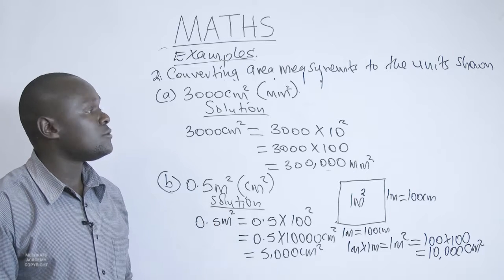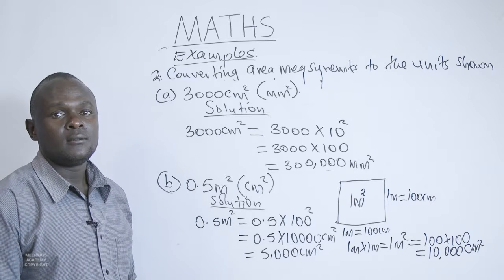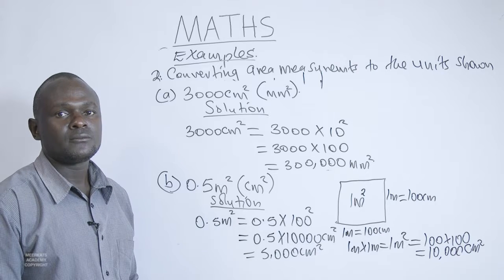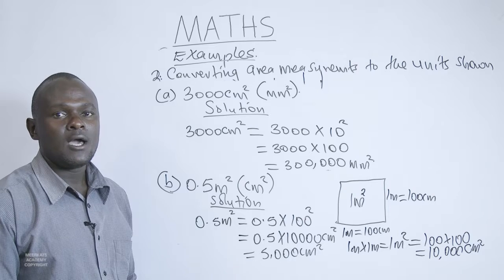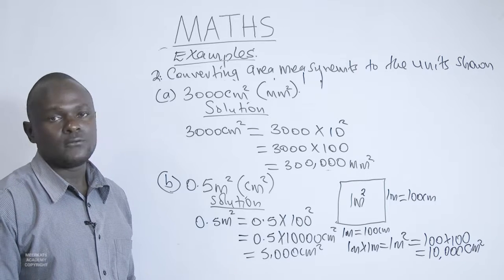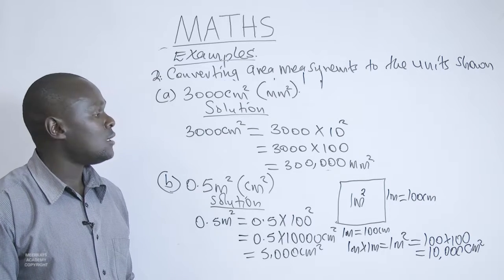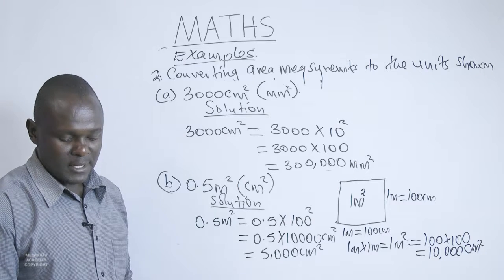We want to move on to look at our third example, and in this example we are going to perform some addition and subtraction of units of area to see how that can be handled.